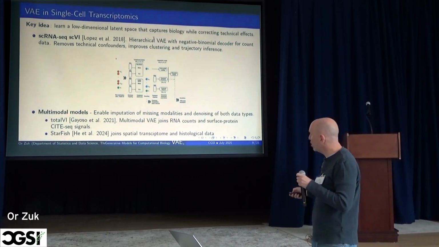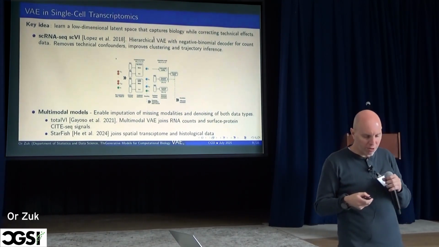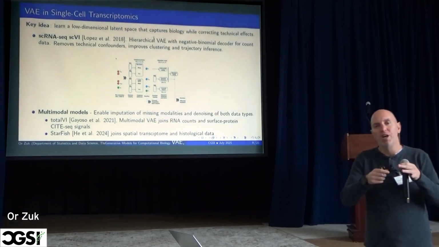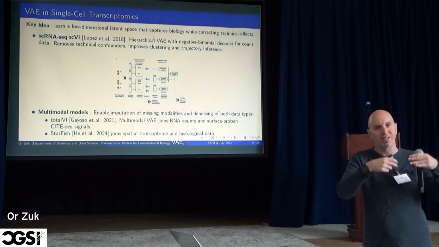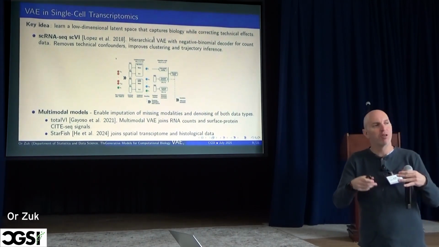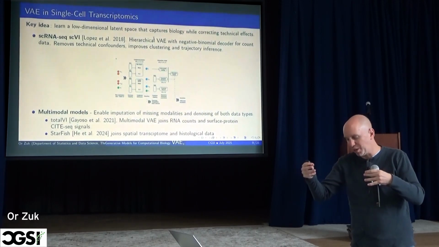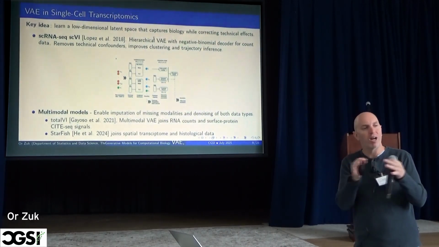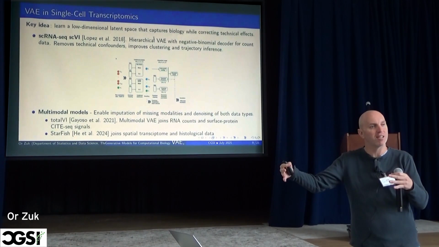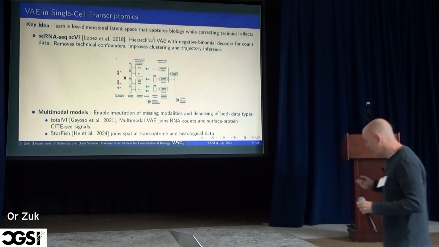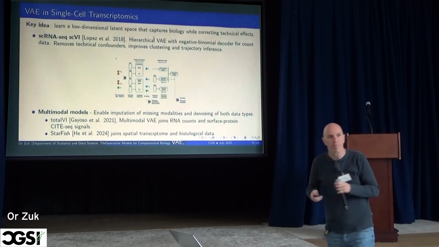And these multimodal applications are especially relevant for generative modeling because many times you learn your model from samples that have both modalities, but then you can generate conditional samples on new samples where you only have data from one technology, and then you can sort of impute the other one. So that's a very, very useful application of generative modeling.